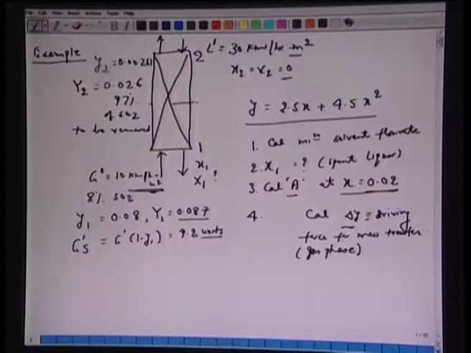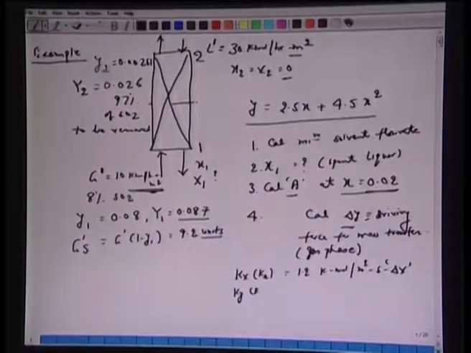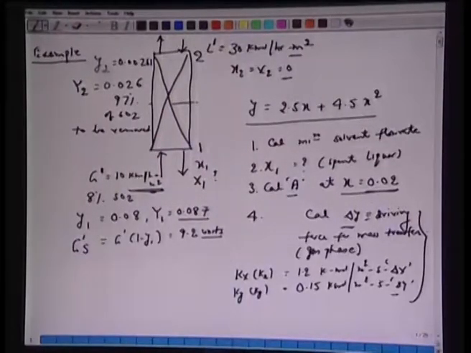The given quantities are Kx, or Kl, as 1.2 kilomole per meter square per second per delta x, and Ky as 0.15 kilomole per meter square per second per delta y. And all of this is at the same location, at x equal to 0.02.